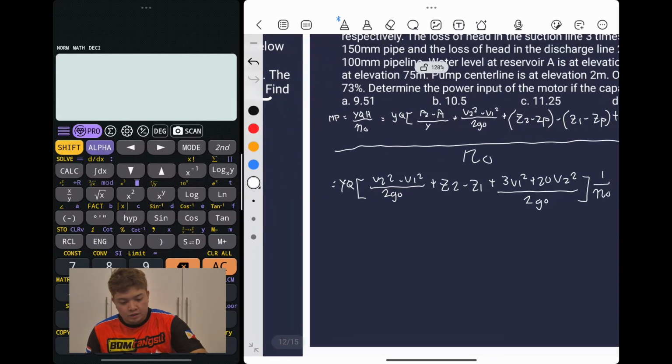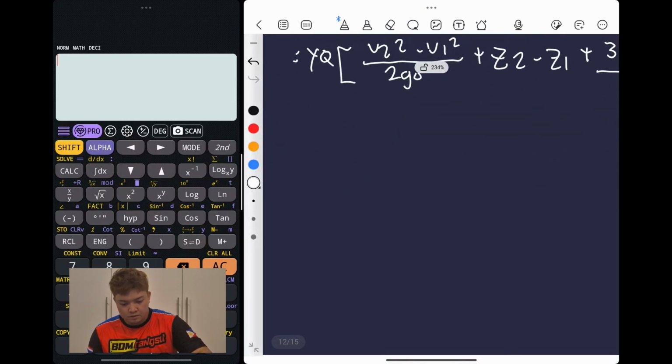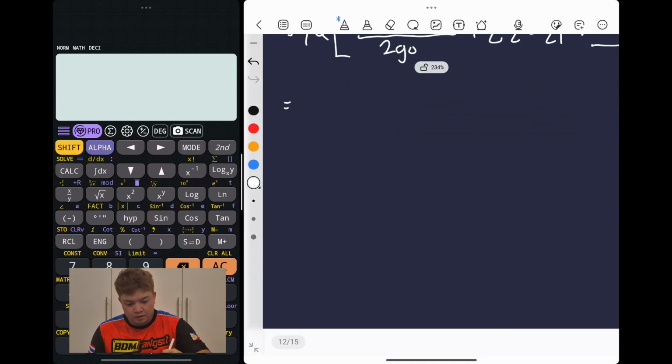So, ibabalik ko efficiency. So, next, derive ulit natin yan.